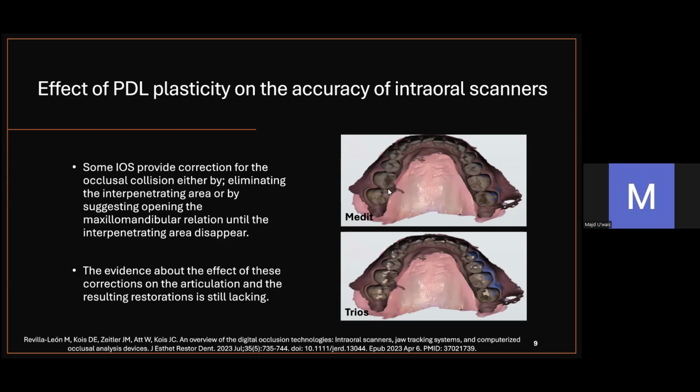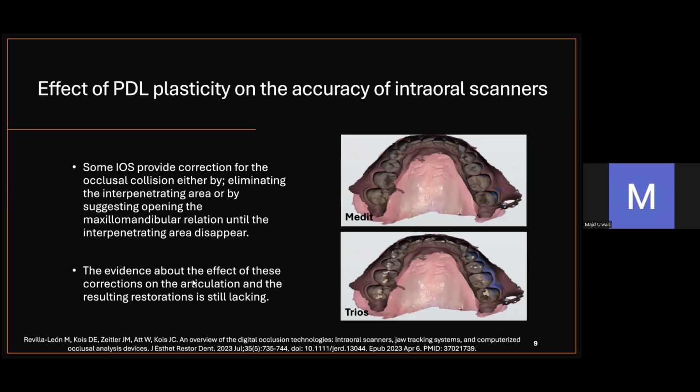For example, with this scanning system software, MEDIT, as you can see in the first figure, the software provides correction for the occlusal collision. There was no occlusal collision. In the second figure, which represents the TRIOS software, the occlusal collision remains uncorrected.